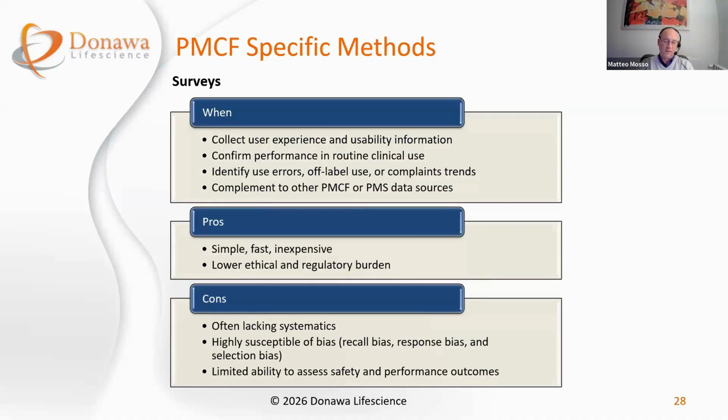Also, surveys are not controlled, so there is no monitoring of the data, and this is another problem. So after all, they have a limited ability to provide data regarding safety and performance.